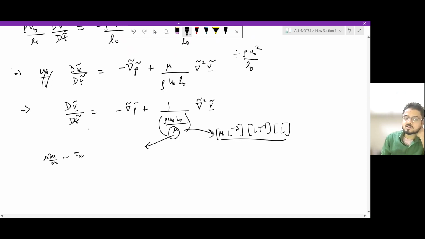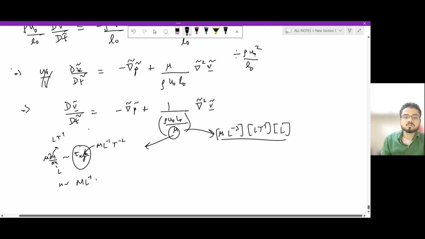Since this is stress, and pressure is also a normal form of stress, the dimensions of both these quantities are the same. So this should be ML minus 1 T minus 2, and this would be LT minus 1, and this is L. So mu is effectively ML minus 1 T minus 1.